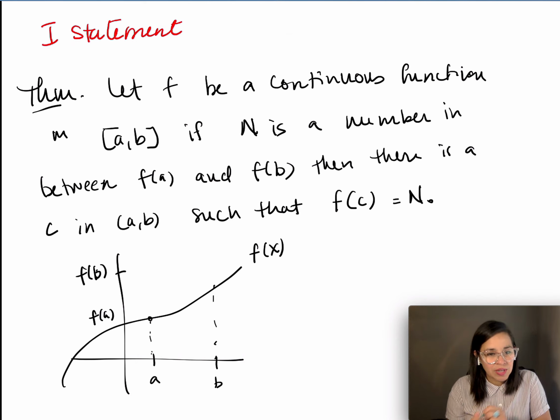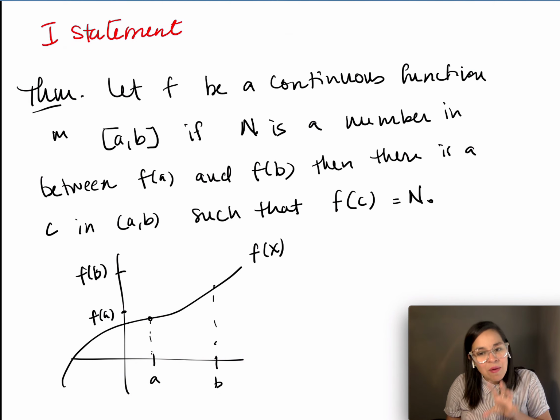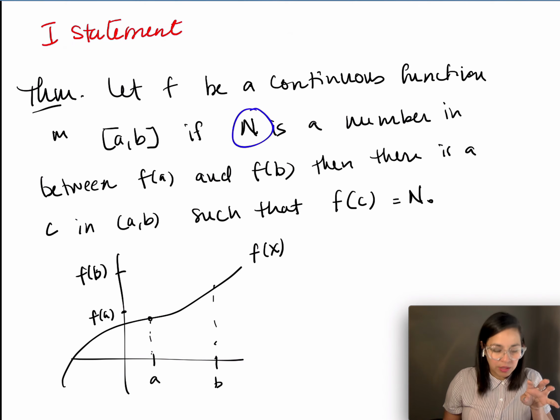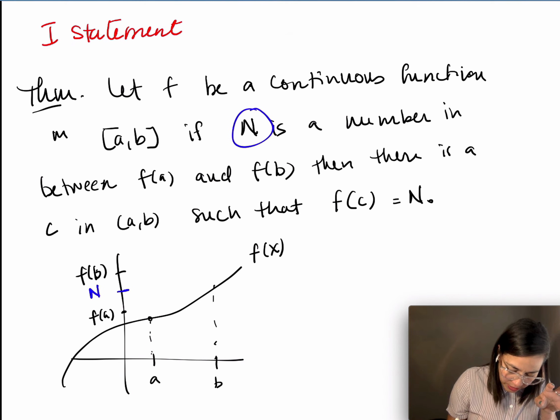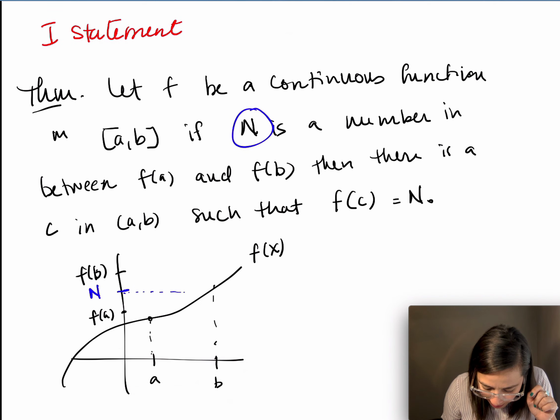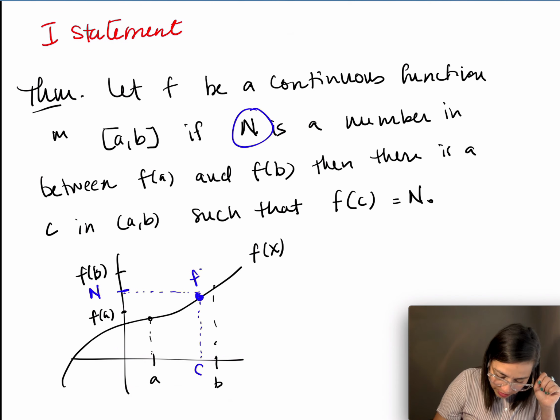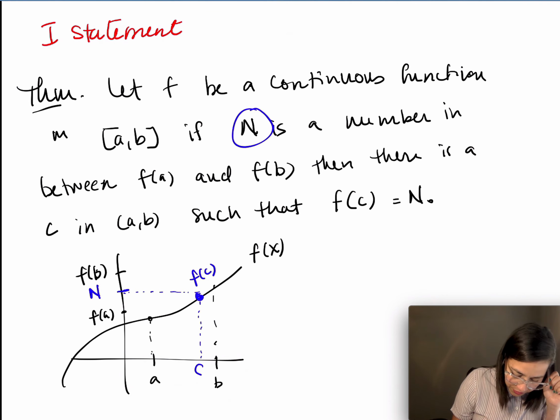So what the theorem says is that if there's a number in between f(a) and f(b) that I'm calling n, say it's right here, then I can go back to the function and find a c such that this is f(c), so f(c) is equal to n.